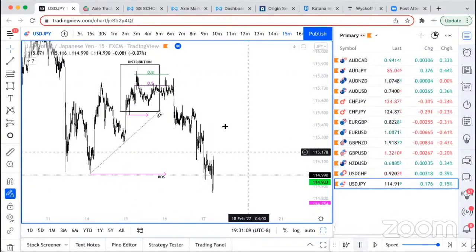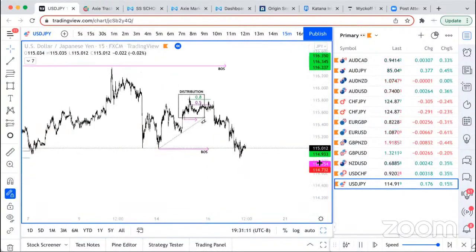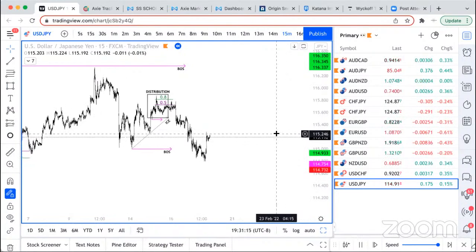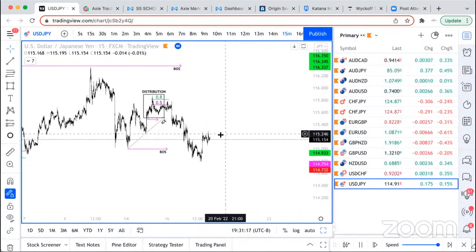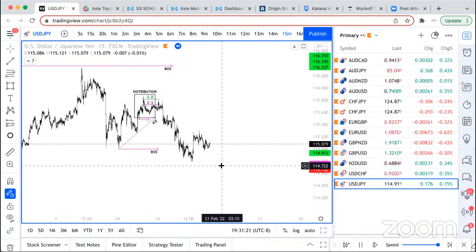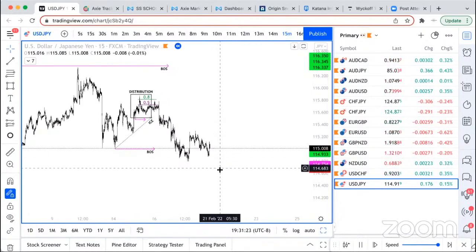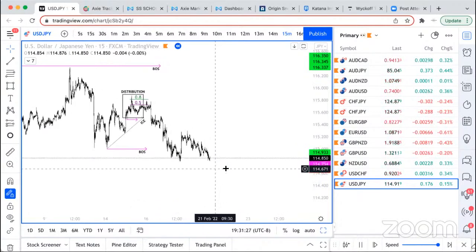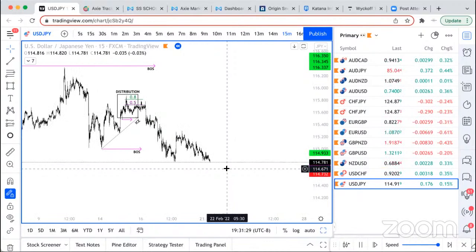And we can kind of zoom out a little bit, because the next time I look to take an entry was after this new low is made. We come around, I believe it was, yeah, it should be coming up soon. Perfect.